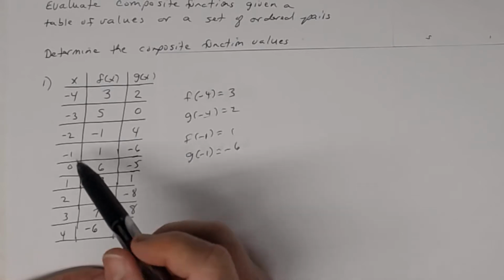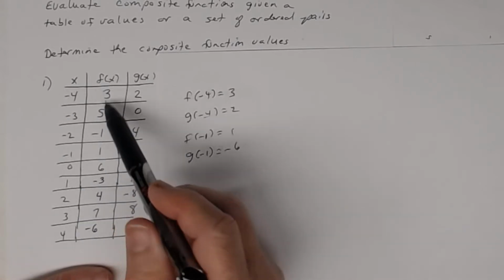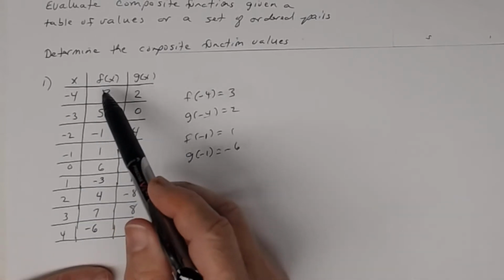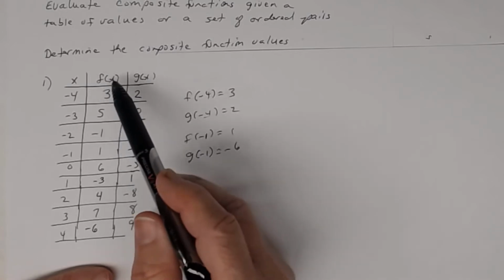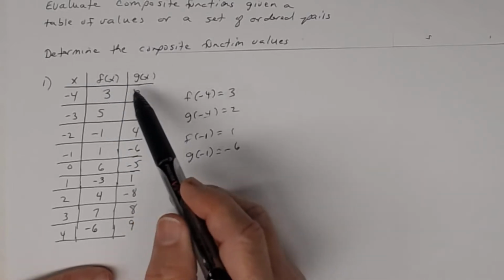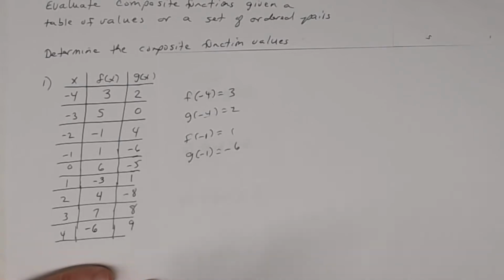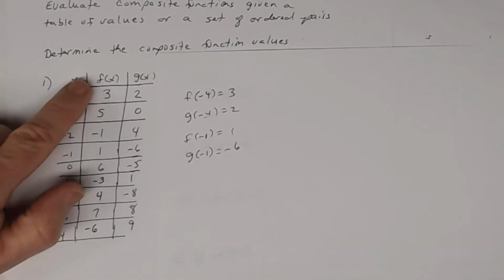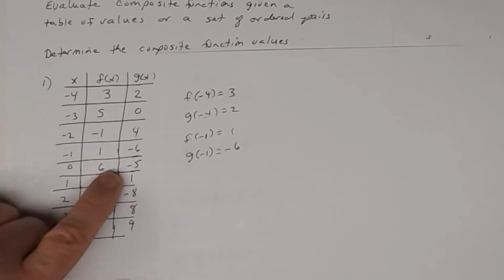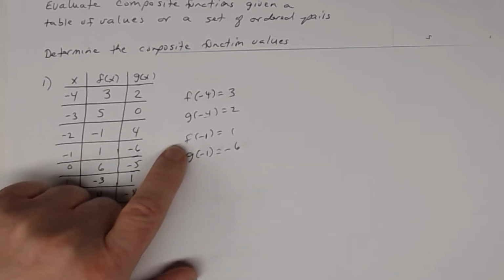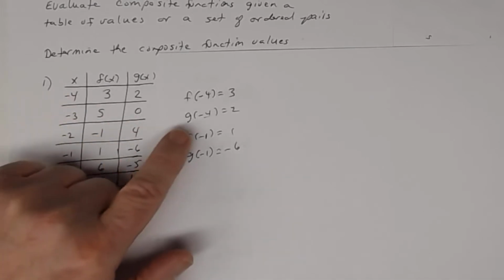So this is your x, this is the y. We say y here, but your function name is f of x, and this one is g of x. It's important you understand how to read a table that looks like this. That's how you go from here to here.